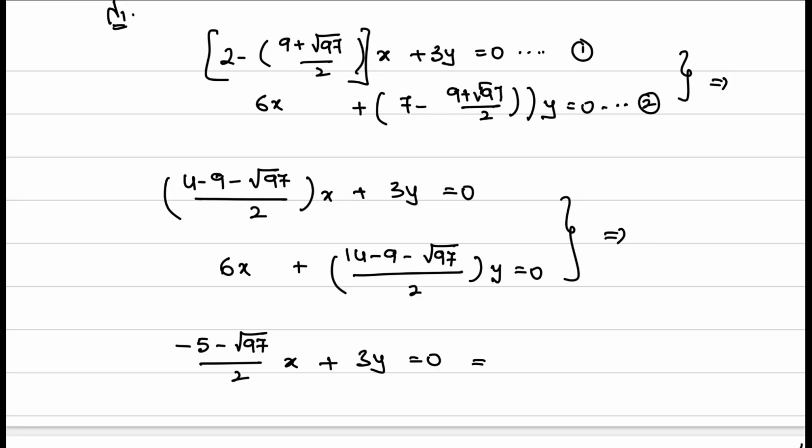That implies x is equal to 6y by 5 plus square root of 97. When you take x on the other side, it becomes positive. This is a little arithmetic algebra, you have to solve them.